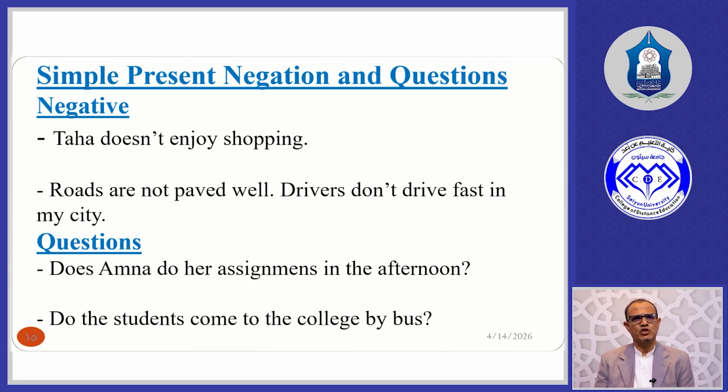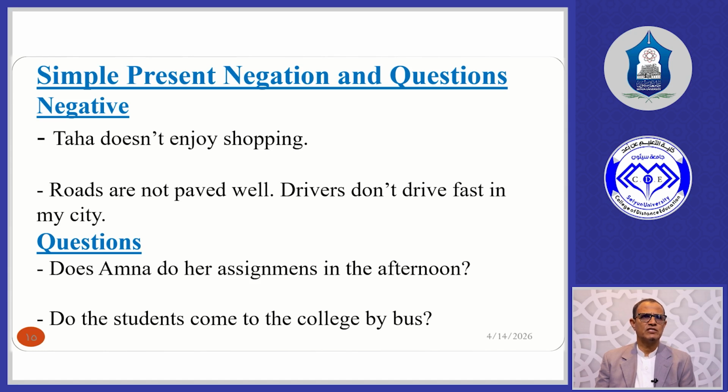The affirmative sentence should be Taha enjoys shopping, but when we make it negative, it will be Taha doesn't enjoy shopping. The s should be omitted from the verb enjoys, and doesn't is always followed by the infinitive of a verb.